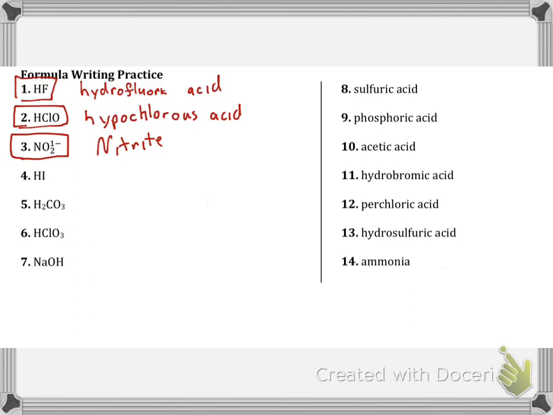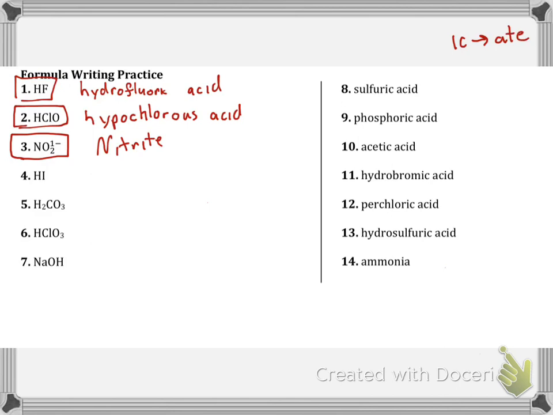Now let's skip on to 8. Let's take the name to the formula. If you take a look, it's sulfuric acid. So what is sulfuric acid? Where does the ic come from? The ic comes from ate.